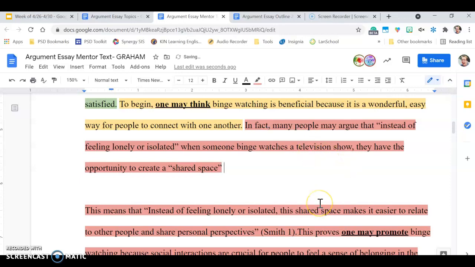Which is also from the quote. And again, I'd still have the citation at the end because I am still using their words. But what I've done is I've taken parts of the quote, like the phrase shared space, and I put it in my sentence. I took this part of the quote, instead of feeling lonely or isolated, I put it in my sentence, right? And I've allowed myself as the writer, because I'm really the valuable opinion in the essay, right?